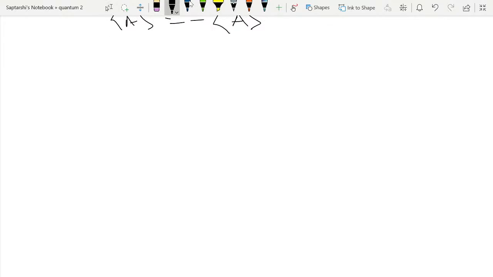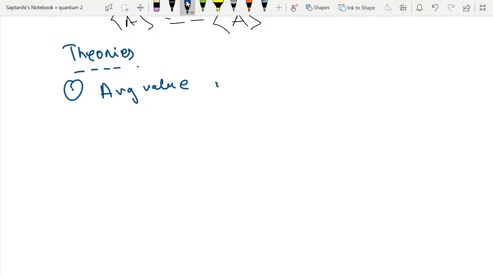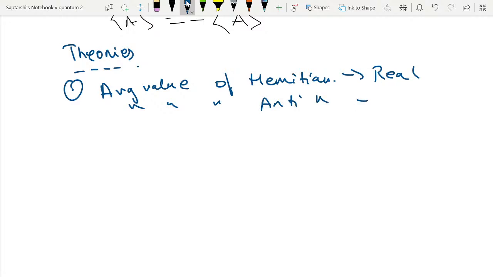We take this pen. It says first theory, the average value of Hermitian is real and the average value of anti-Hermitian is imaginary.